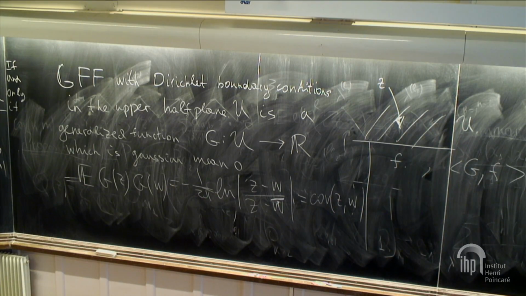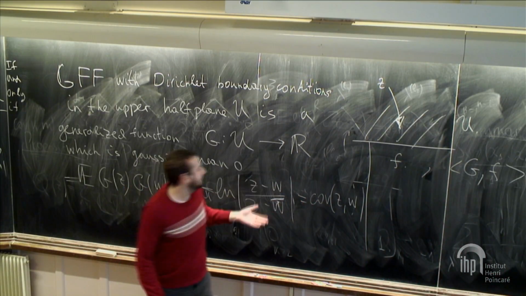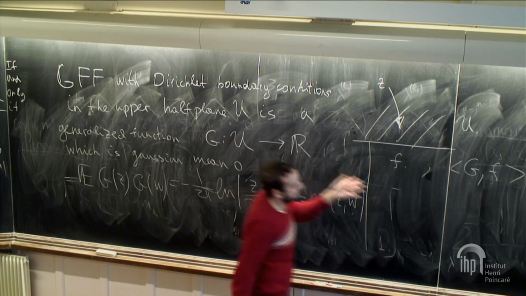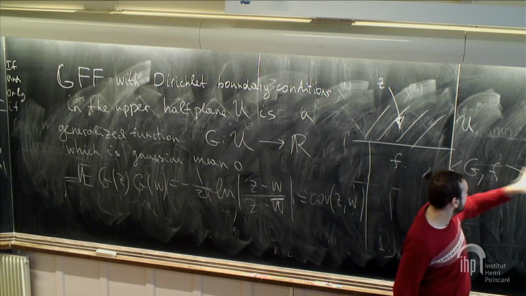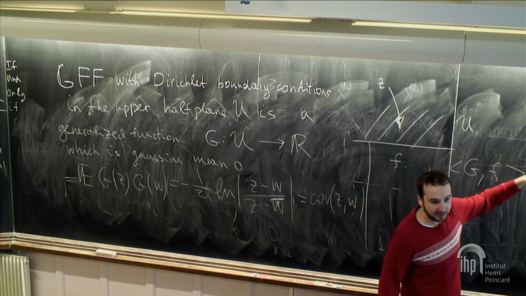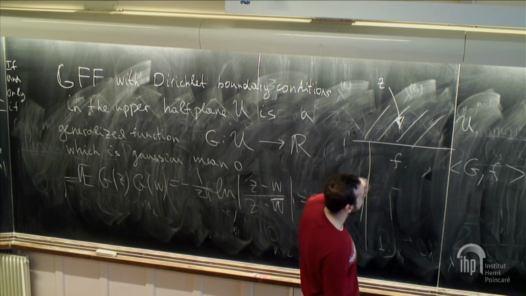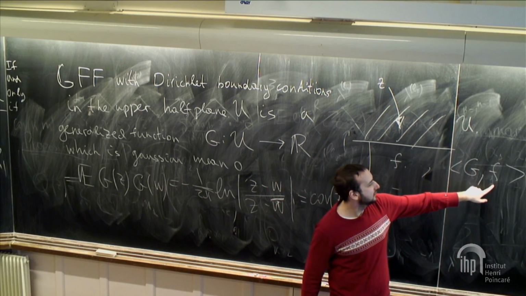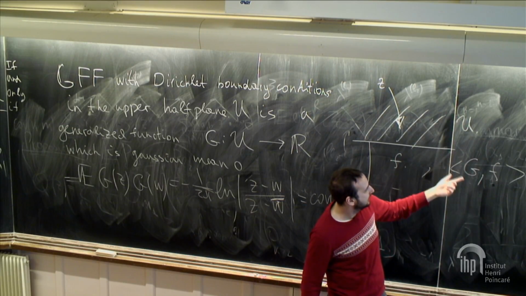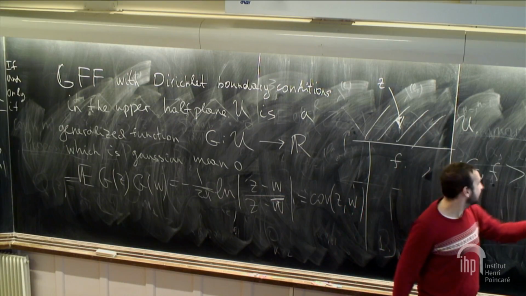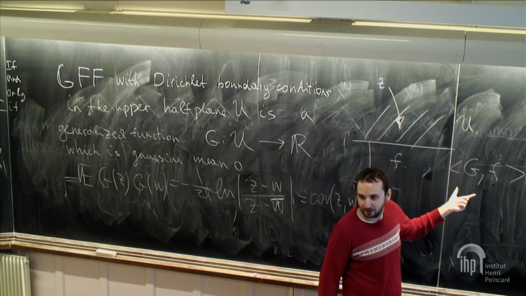I just wanted to write it in terms of the z coordinate. If you don't know what G of z is, then you don't know what that is. But you can reverse the argument: suppose that we know what that is, and then that will be a definition of G for us. We will define our field G by saying that whenever you take a smooth compactly supported function f and want to define this thing, then this is a bona fide mean zero Gaussian random variable.